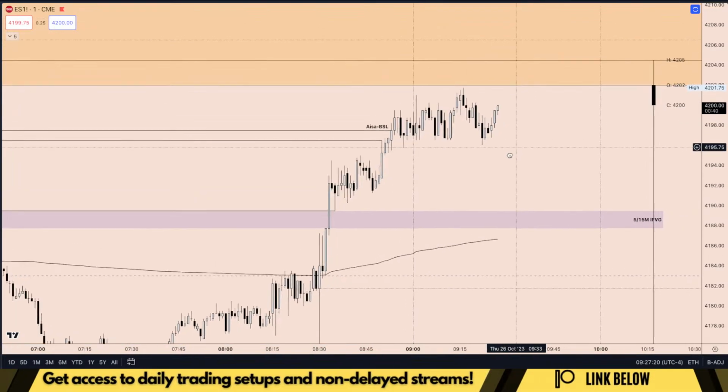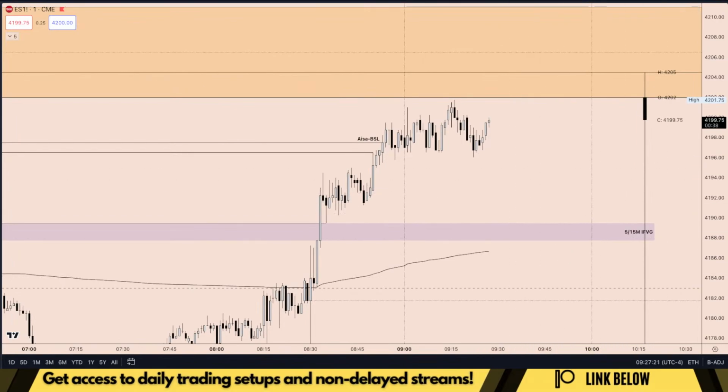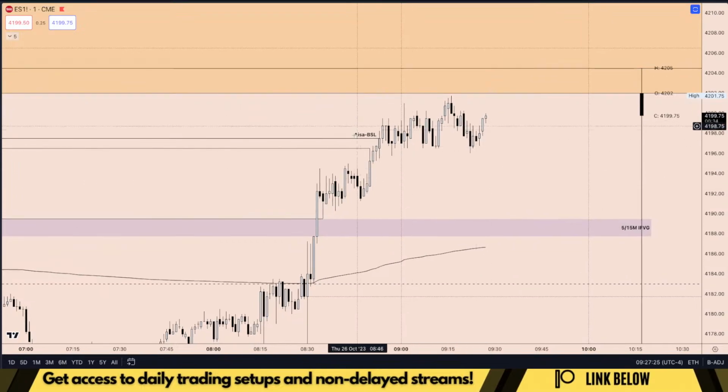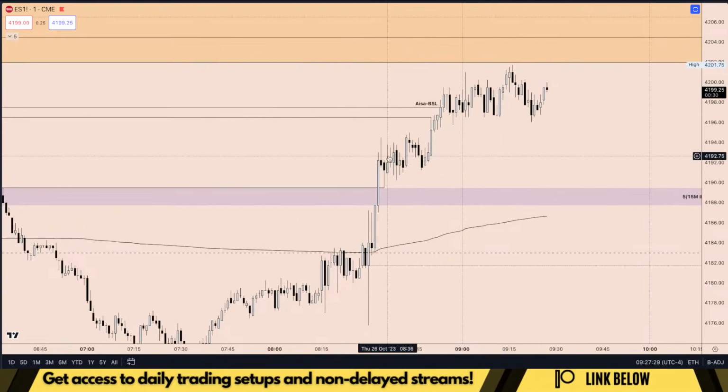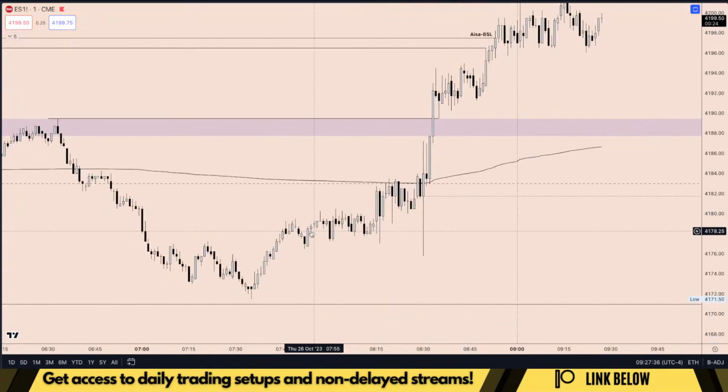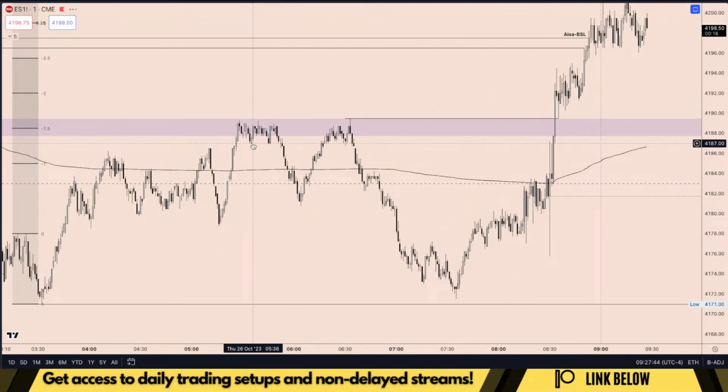So for the open, I have a feeling that we're gonna pop up. Usually that's what we do when we consolidate below specific levels, like right here. Asia buy side, we move sideways. We take it out. Consolidate, consolidate. Yeah, 8:30 news, of course, we get a sweep. Continue higher.